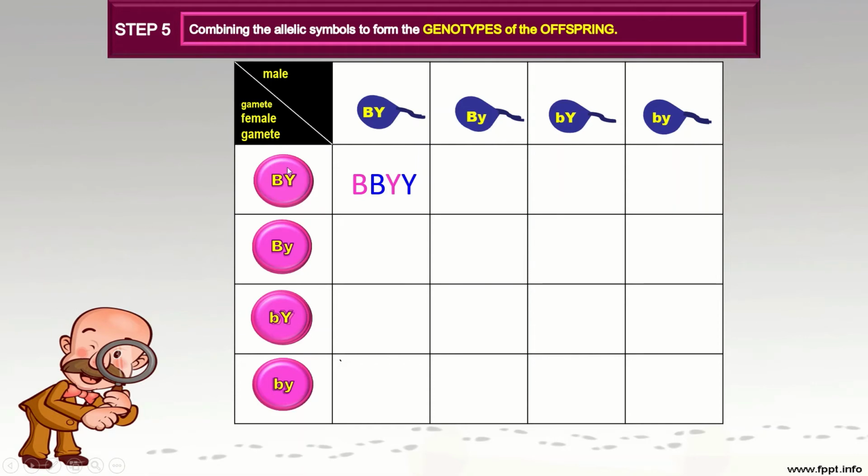So let's continue. There's a chance that this egg cell will be fertilized by this sperm cell. You can predict now what will be the genotype of the offspring.